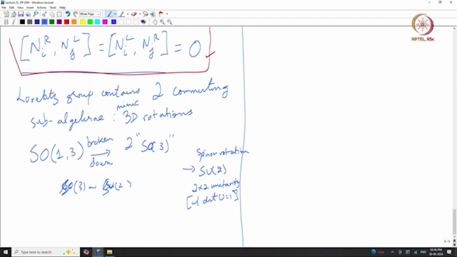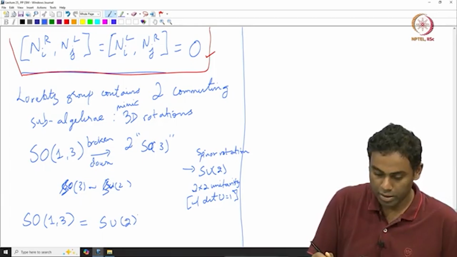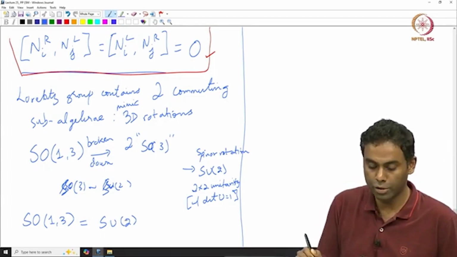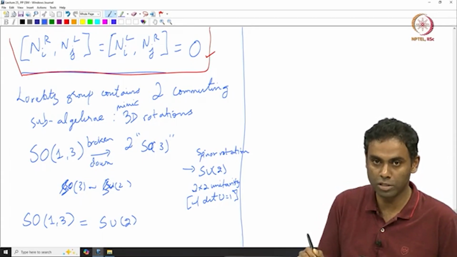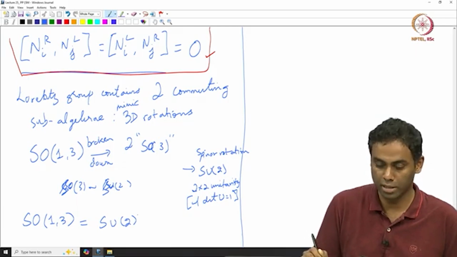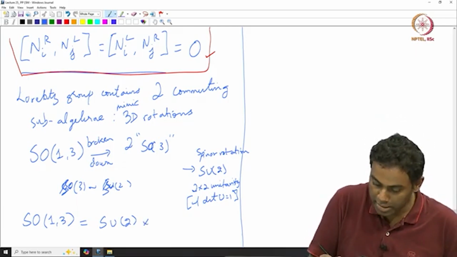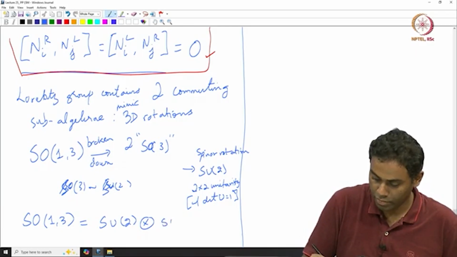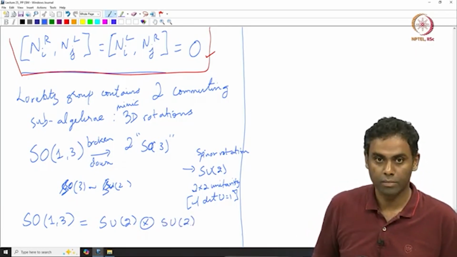So what I should be actually writing is that the SO(1,3), now I am going to write it in technical notation, is made up of two SU2s, okay, but this is not the usual breaking down that we think of. This is not some reducible representation or anything like that, okay. This is a direct product of two SU2s, okay.